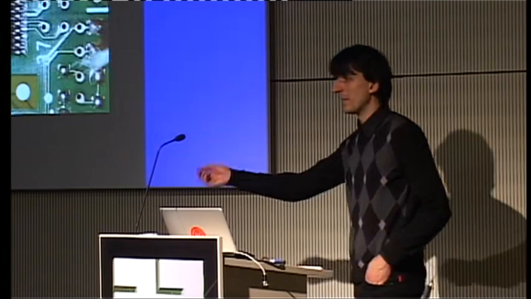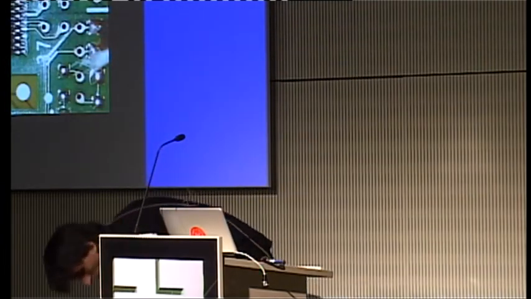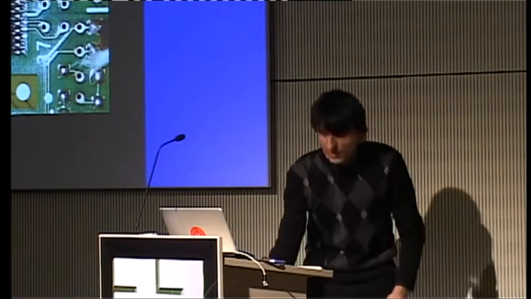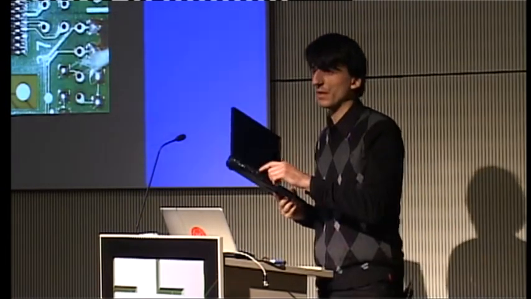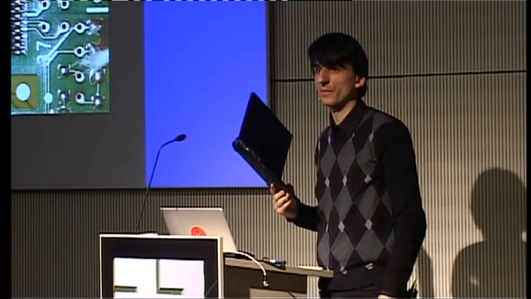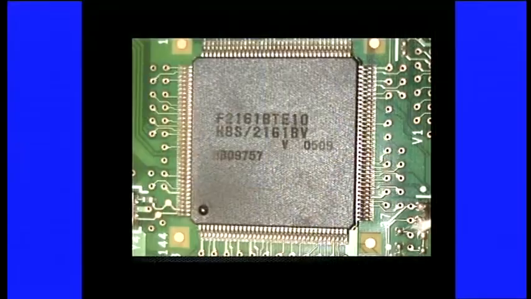So if you disassemble your ThinkPad, you will want to look, where's mine, by the way, here. You will want to look underneath the assembly for the PC card or the Express card for this little thing. So this little thing is from a picture from an older ThinkPad, I think from a T40.